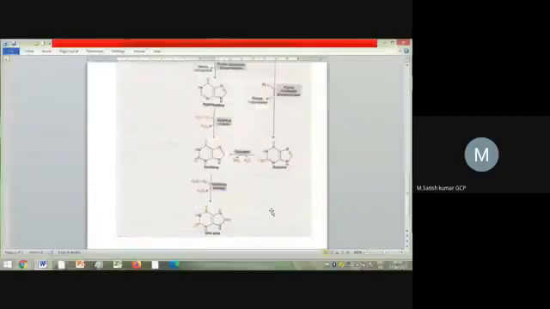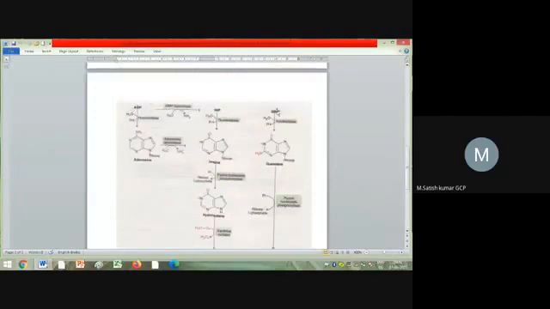Right. So uric acid is the final end product in purine nucleotide degradation. What are the initial products, the starting materials? AMP and GMP. AMP is adenosine monophosphate and GMP is guanosine monophosphate. These are the precursors of this pathway, right?